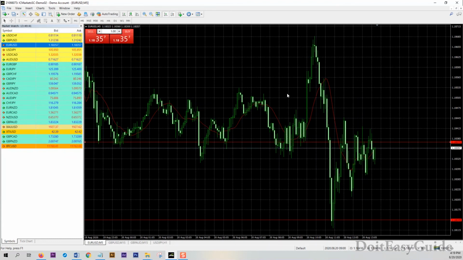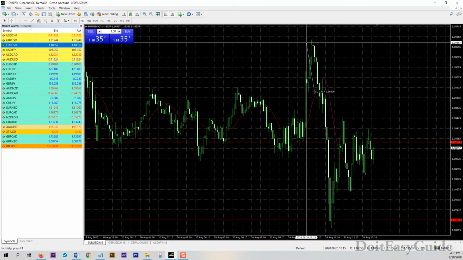Now if you take this crosshair tool, Control F shortcut, you can check how many pips from one point to another. If you click and drag, you can see there are three values.